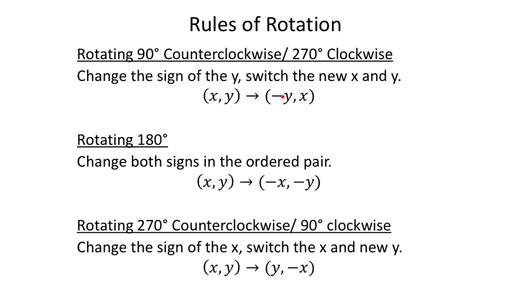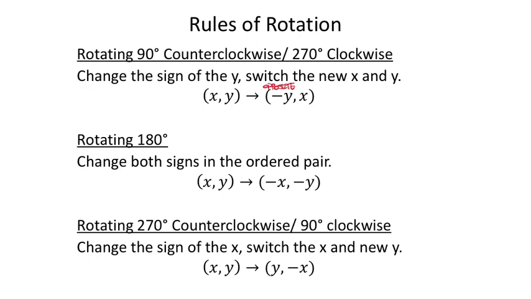You're going to switch the order, so now your y value becomes your new x value, and your x value becomes your new y value, but you make this y, when you flip it here, a negative, or opposite, okay? So this is not telling us that all of our 90-degree counterclockwise rotation or 270 degrees clockwise rotations will make this value negative. It's just saying that it's the opposite. So I have to keep that in mind. The negative just means opposite.